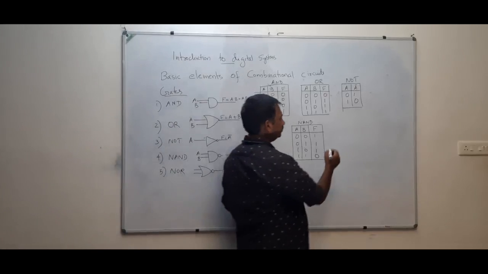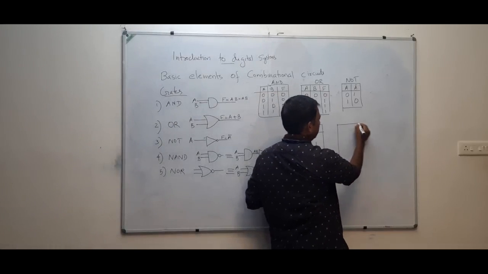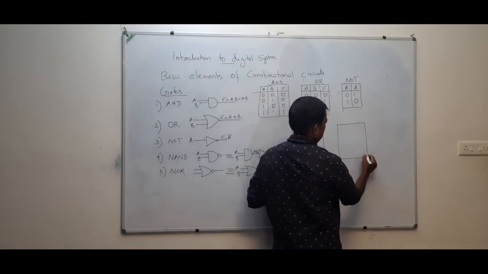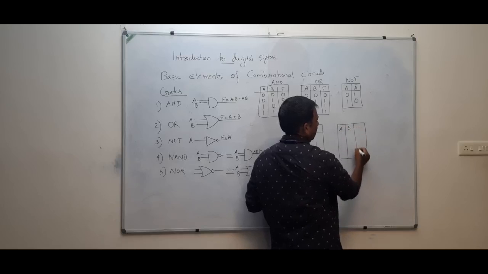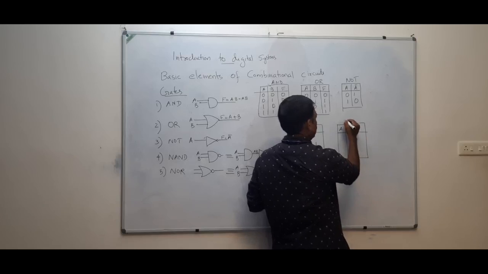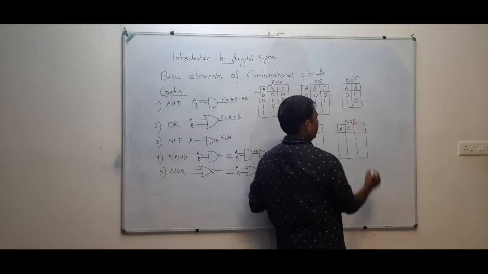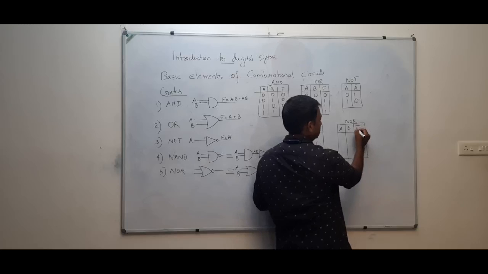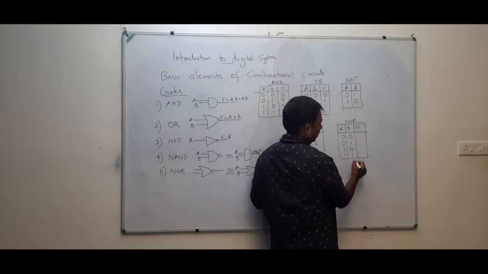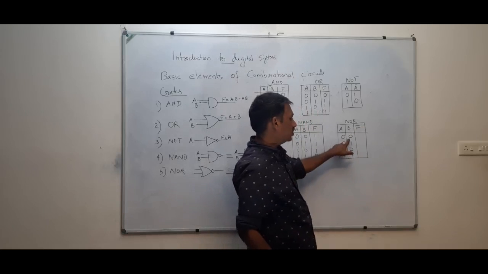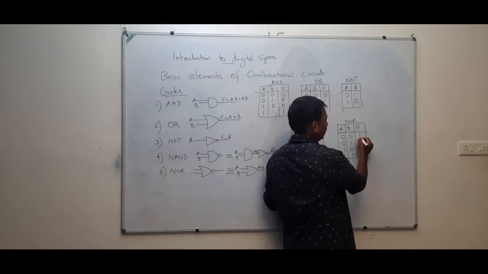And the truth table for NOR is like this. Here, this is A, B, and A NOR B. If it is 0 0, 0 1, 1 0, 1 1, then what is 0 or 0? It is 0 and take the complement, that is 1.